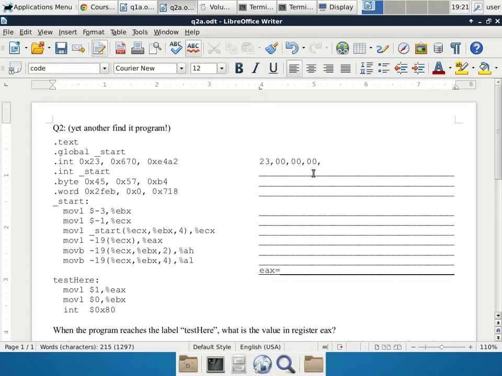So that together it means 23 in hexadecimal, because the other 3 zeros are leading zeros that are implicit in that particular word. And then the next one is going to be 70, 06, 00, 00. And then the last one is going to be A2, E4, 00, 00. Okay, so that's the first line.